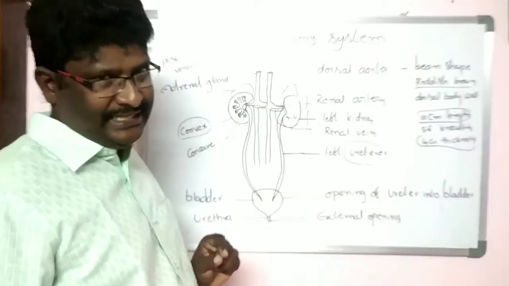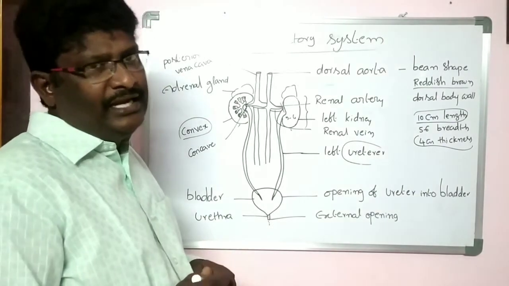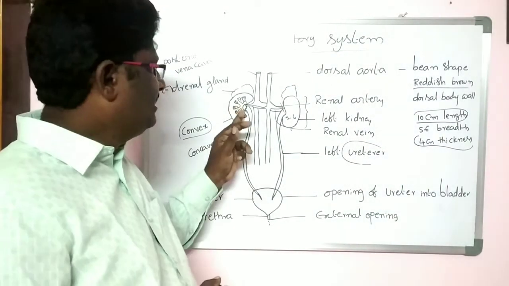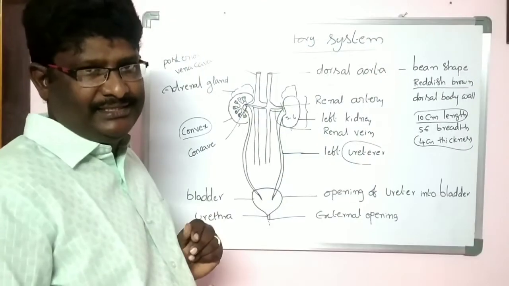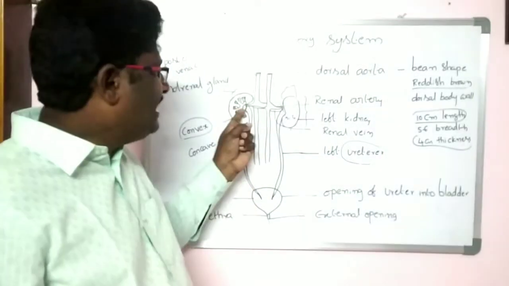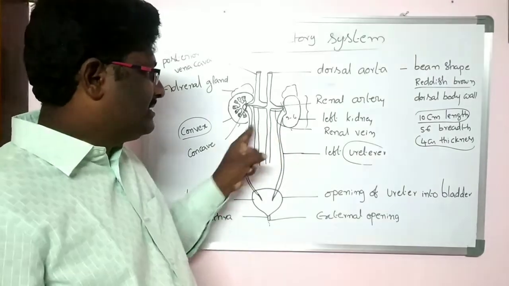When the purification takes place in the kidney, finally the urine forms in the kidneys. That urine is sent into the ureters.